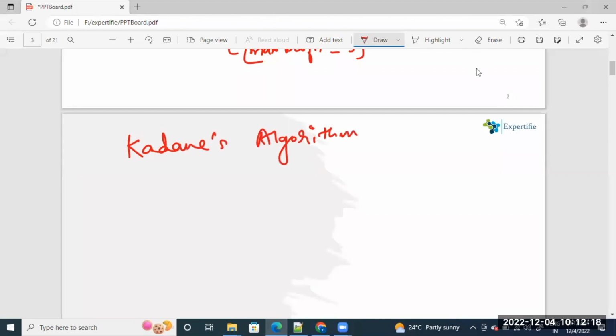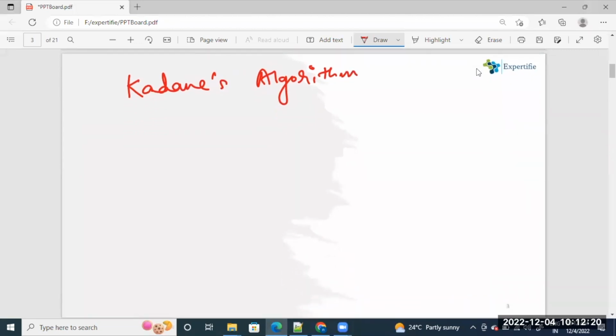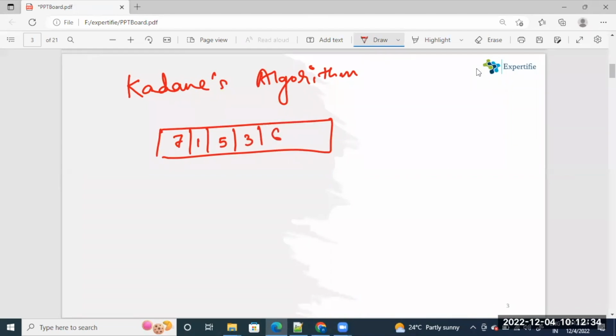What it basically says is that we should calculate the current profit encountered so far along with the maximum profit. Use that current profit encountered so far to calculate the maximum profit. All right, so how can we do it?